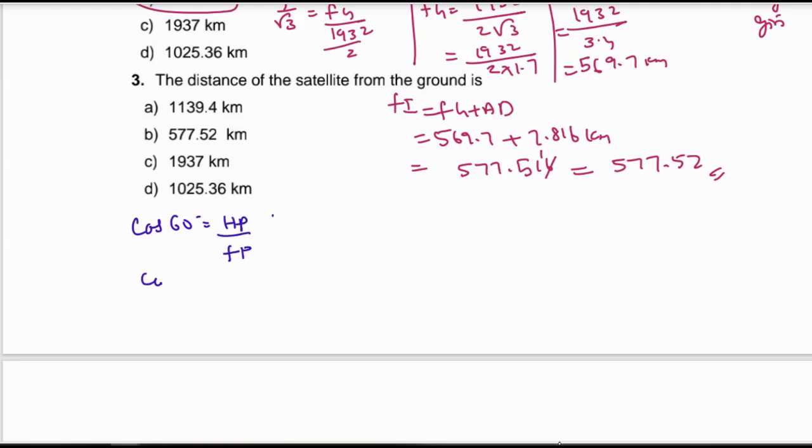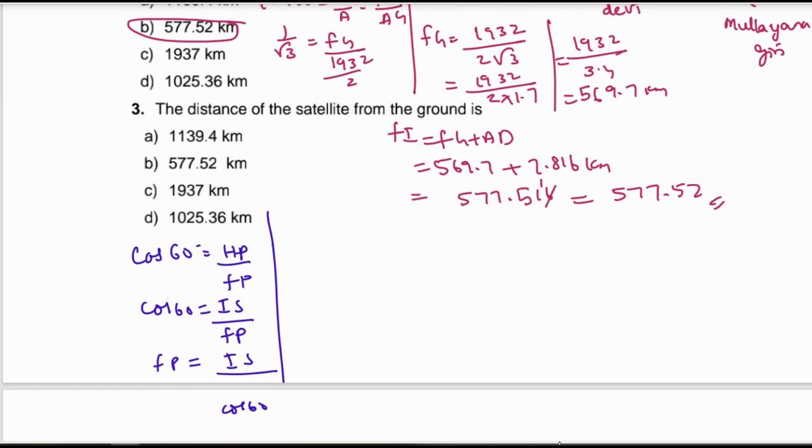Here HP can be written as IS, so FP will be IS divided by cos 60. So FP will be 1937 divided by 2 into 1 by 2. 1 by 2 and 1 by 2 cancel, so FP will be 1937. So that is your option C.